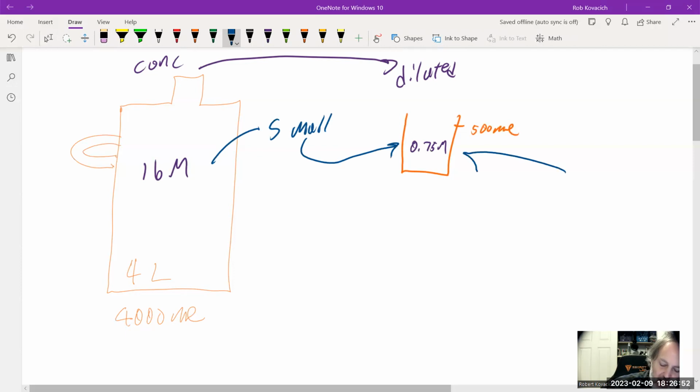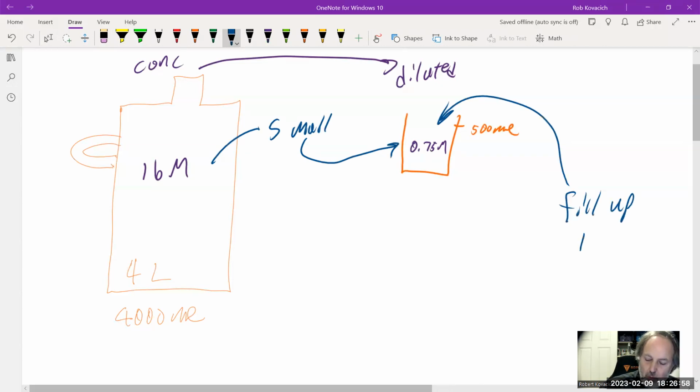And then we're going to fill up with water. That way we've diluted the solution down. So a little bit of this, and then the rest of this is water.